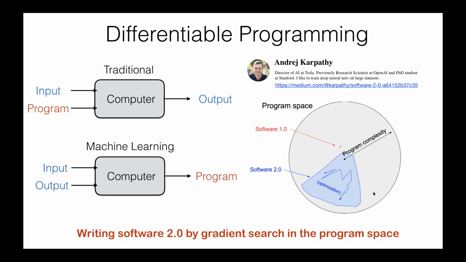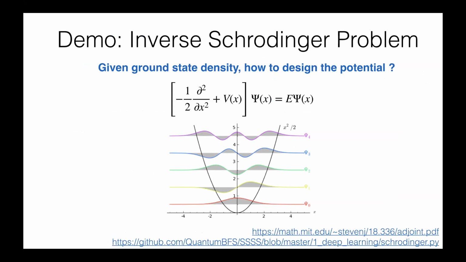So let me show you one concrete example of applying this way of thinking to a physics problem. I call this the inverse Schrodinger problem. Basically, given the ground state density, how should we design a potential such that the ground state density is what we need? Let's think about this problem in one-dimensional continuous space.